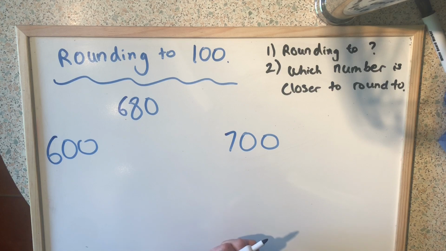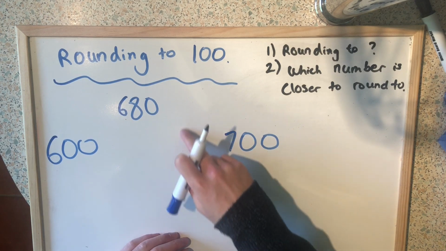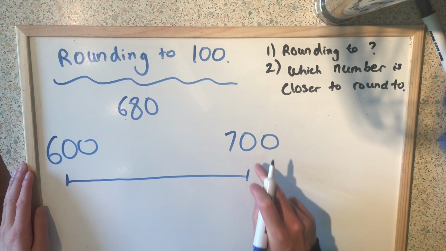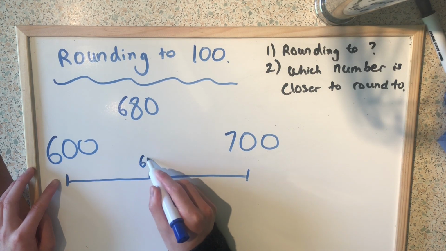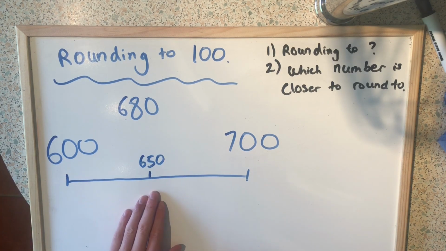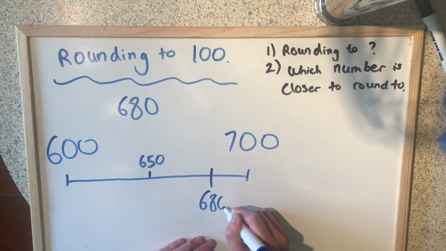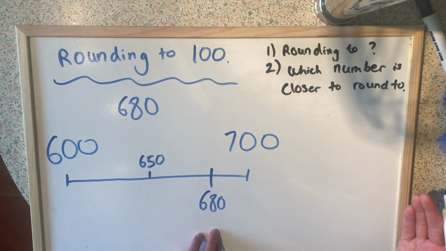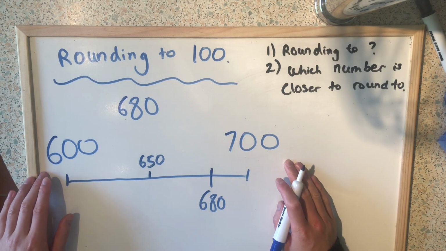Now, we can ask ourselves which number is closer to 680. So on the number line, that's 700 there and 600 here. 650 is about there. And we know 680 will surely be somewhere around here. So I'll put 680. Okay, so if we're rounding to the nearest 100, well, the nearest 100 is either 700 or 600.